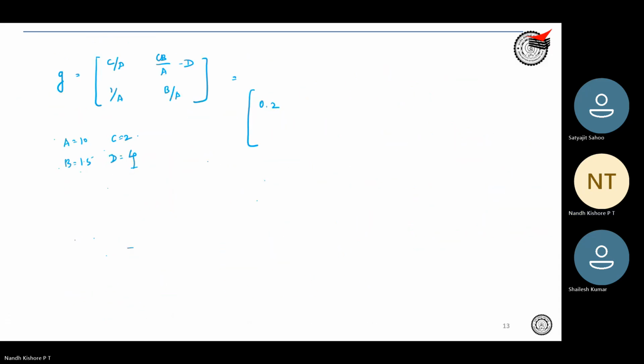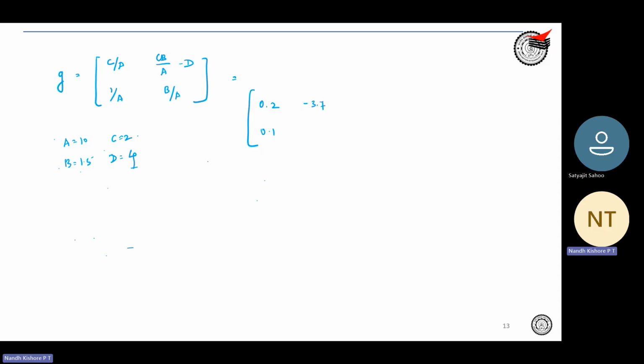So CB by A minus D is minus 3.7, and 1 by A is going to be 0.1, and B by A is going to be 0.15.